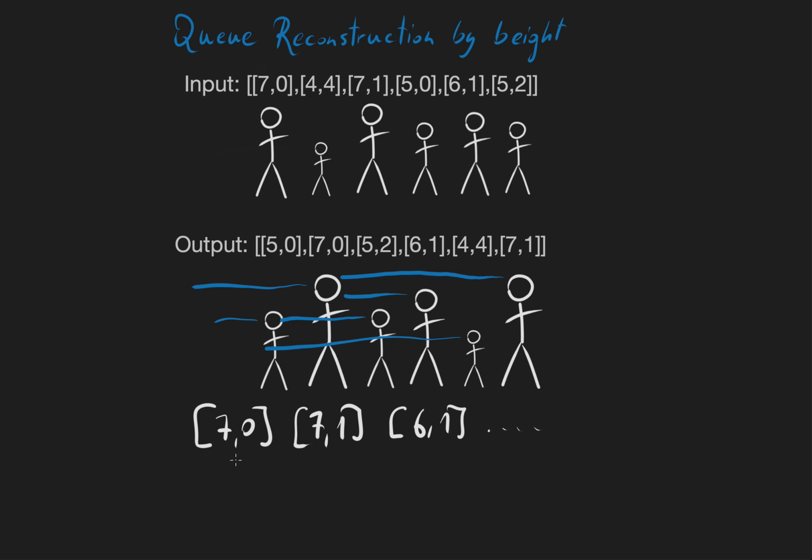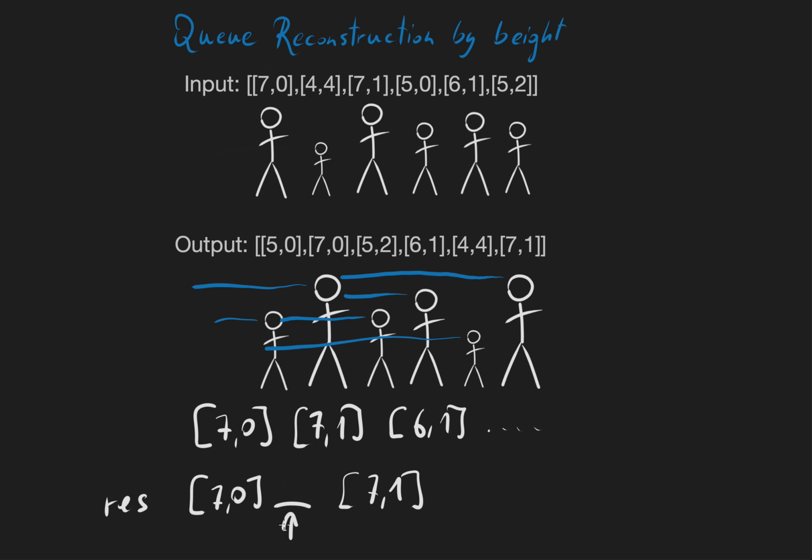Then we need to just insert the people inside our results array by their current index. So this guy is sorted at index 0, and then the next guy at index 1. When we insert the 6 feet tall guy, it doesn't matter how many people we actually insert here.